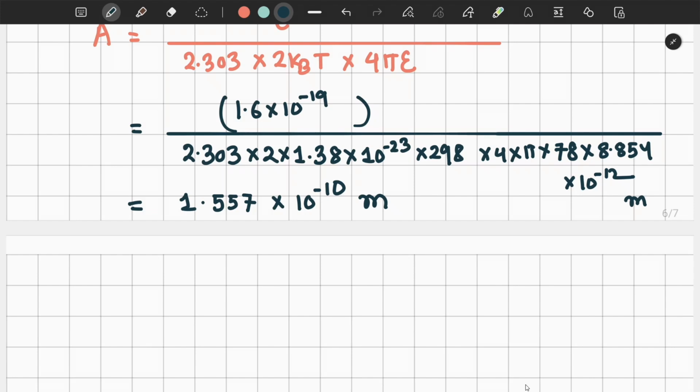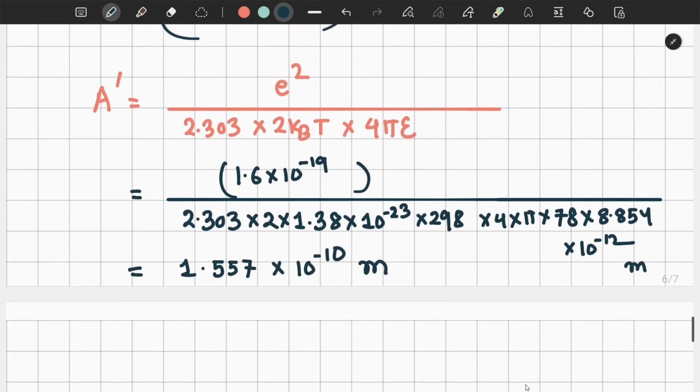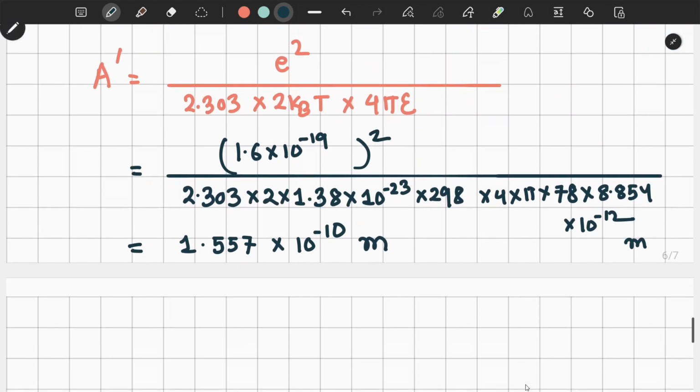Let me calculate. Numerator is 1.6 into 10 to the power, okay, here is square. I am getting the same. Same, right?